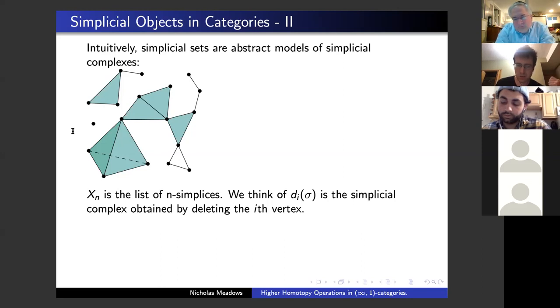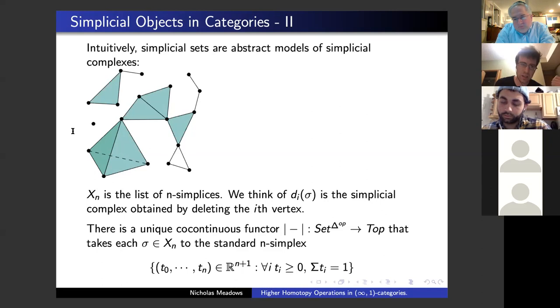And so for every simplicial set, we can realize it, since simplicial sets are models of spaces. There's always going to be a unique co-continuous functor that takes sigma in X_n to the standard n-simplex. Sorry, that's not quite right, but basically the idea is that each simplicial set can be written as a colimit of its simplices.